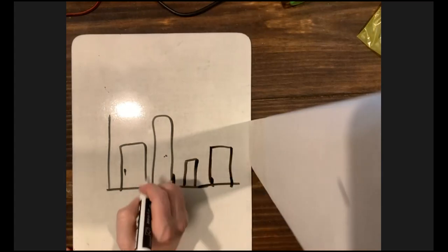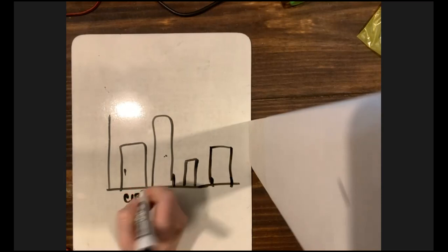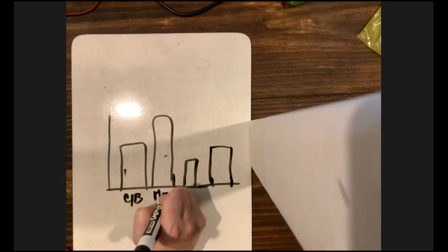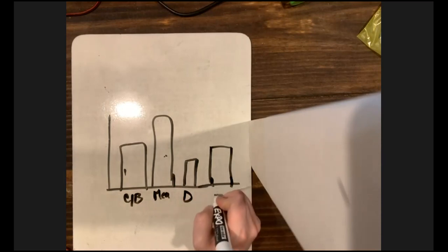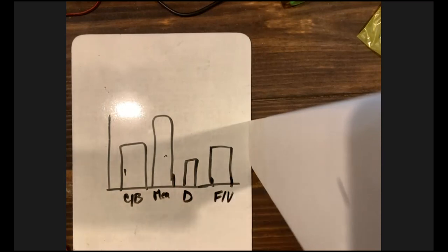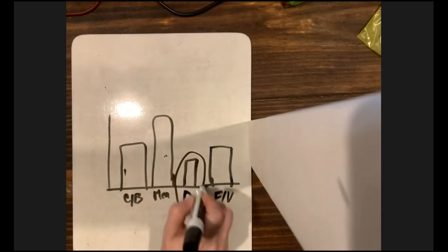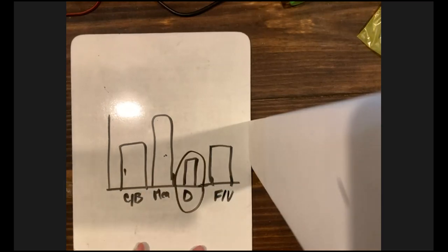This is cereal and bakery. This is meat. This is dairy. And this is fruits and veggies. So it asks, on which category was the least amount of money spent? And when we look, dairy here is the lowest category. So that's going to be the cheapest one.